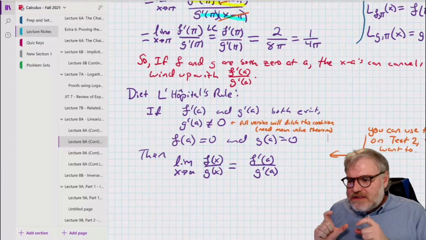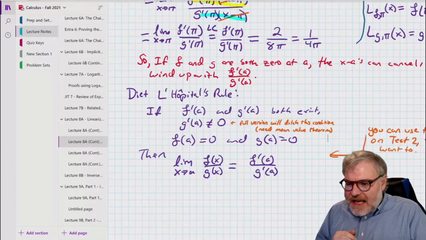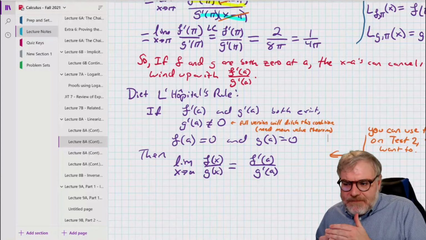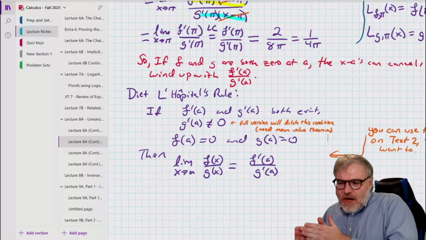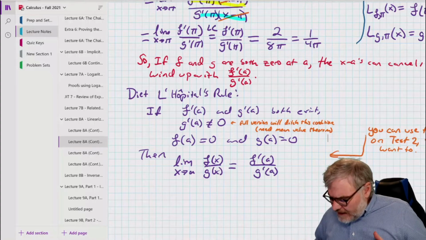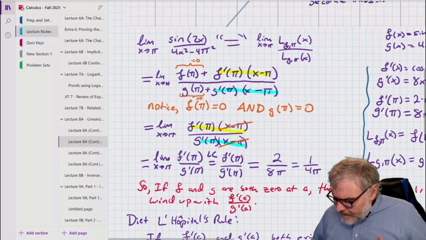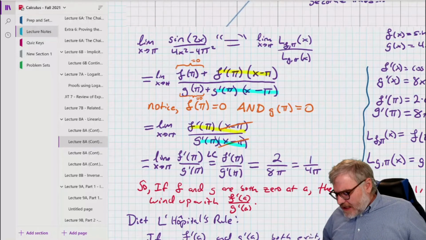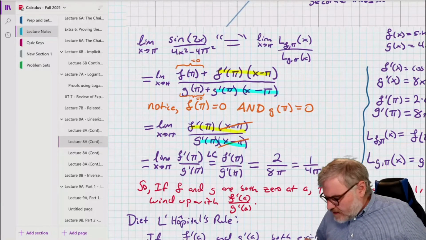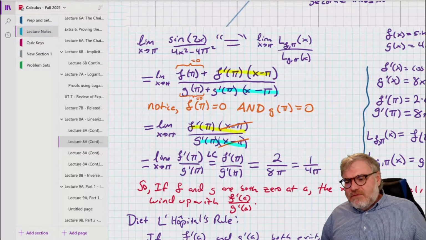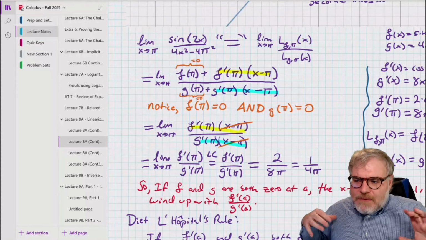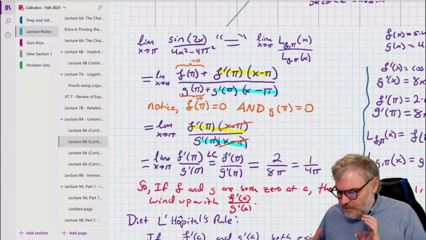If the limits of both f of a and g of a were both zero, heading to zero on both the top and the bottom, I could take the ratio of the linearizations, and the x minus a would cancel on the top and the bottom, and all I would be left with is f prime of a over g prime of a. But I had this limitation that g prime of a couldn't equal zero.